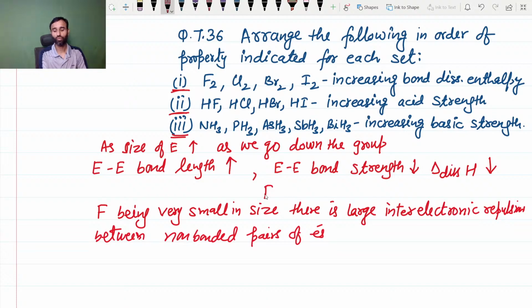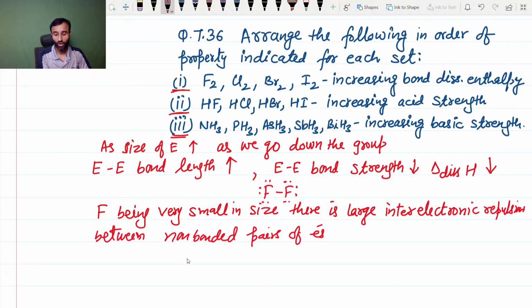Each fluorine has 3 lone pairs, and because of the very small size, they are very close to each other, and that provides the favorable condition for its breaking. That's why the bond dissociation enthalpy of fluorine F2 is less than chlorine. Even it is less than bromine.